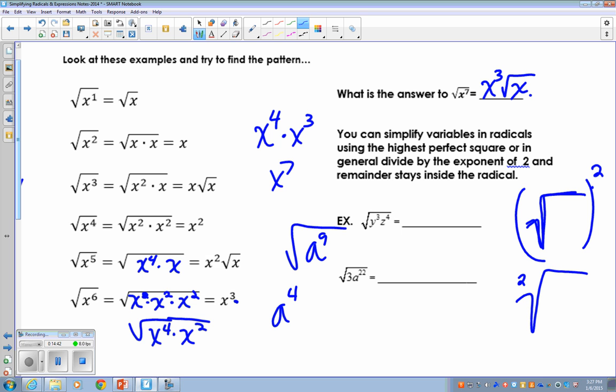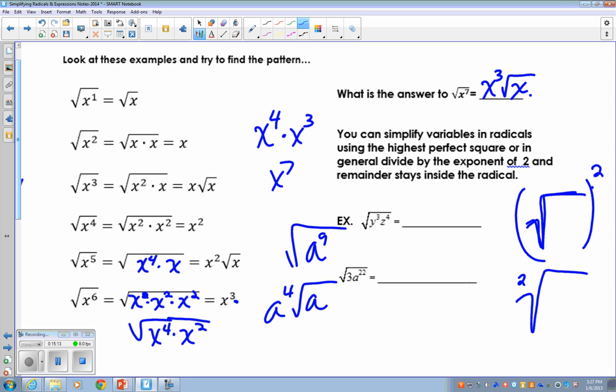And then you would need another one to get 9. So that means you would have 1 left. So you ask yourself whenever dealing with the variables, how many times can 2, because we're squaring it, go into the exponent, and whatever your remainder is stays inside the radical.